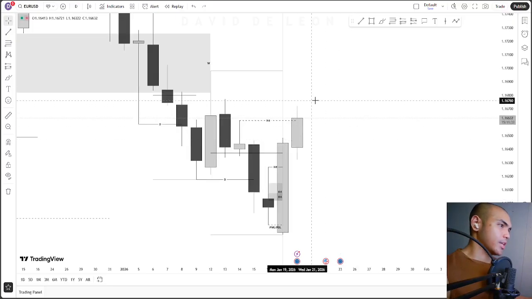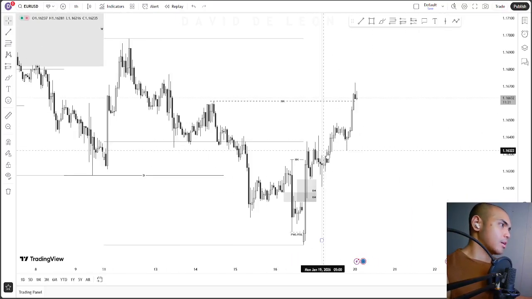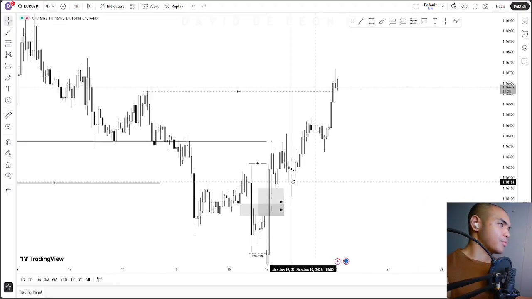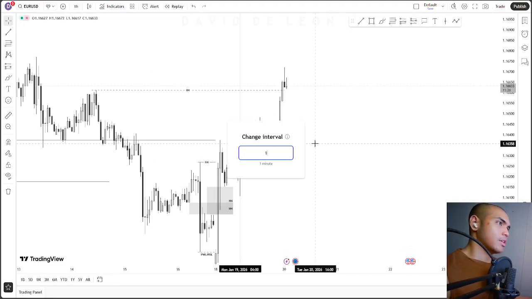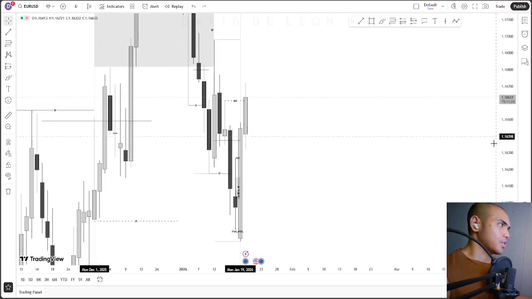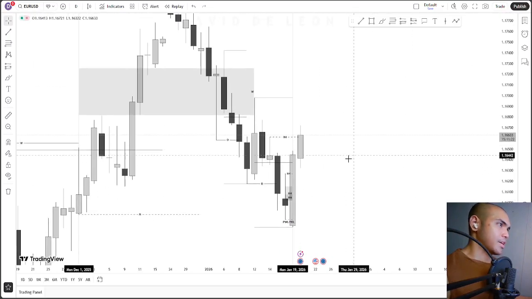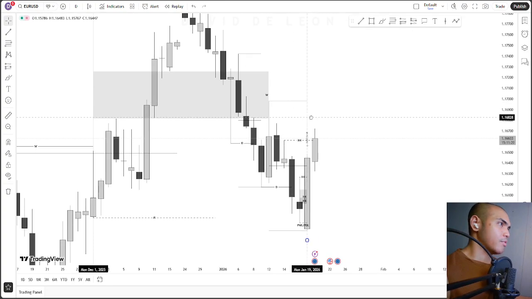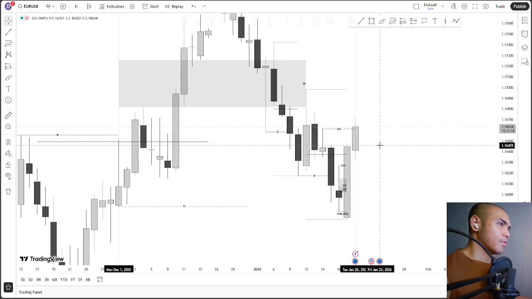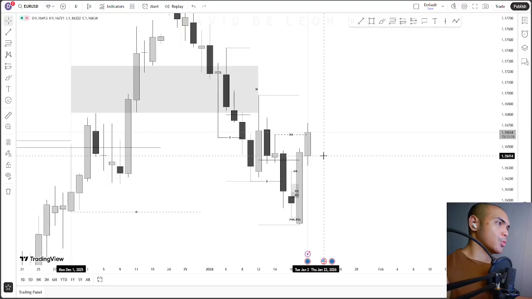Before I analyze the potential trade setup from yesterday, let me go over today's bias, because today I have a daily bullish bias from yesterday. So technically I'm bullish for today.